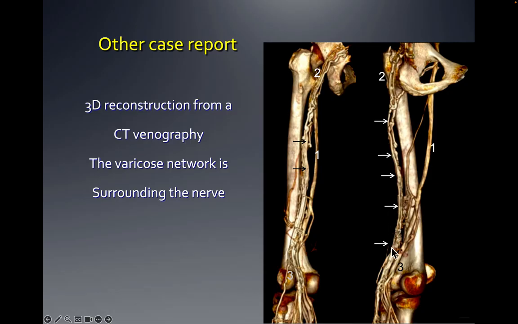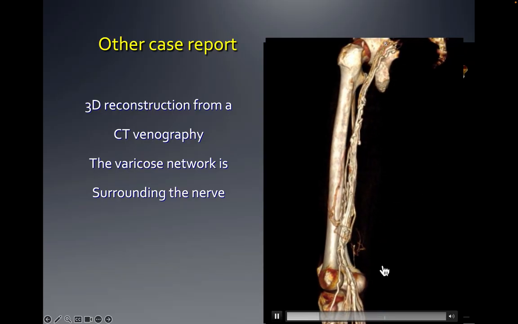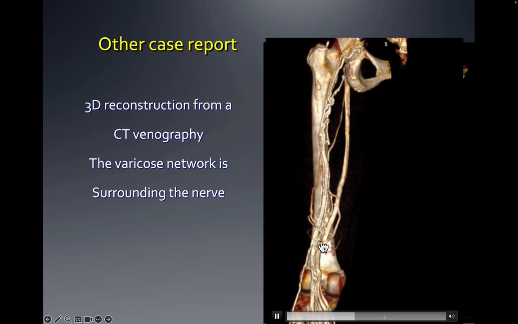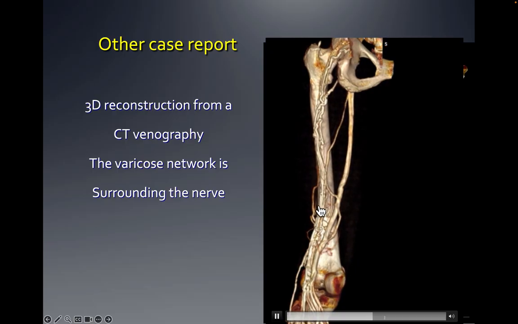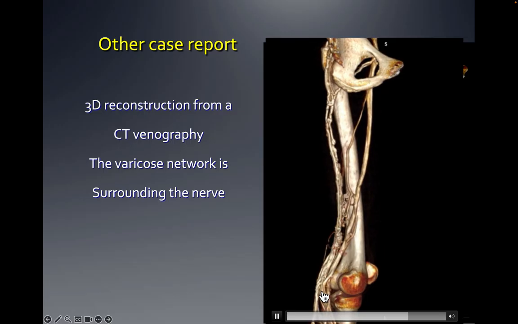You see, once again, we don't see directly the sciatic nerve, but the shape of the nerve is surrounded by all this network. An animation showing the same, and you see very nicely all this dystrophic network which is surrounding the sciatic nerve from the pelvic area to the popliteal fossa.